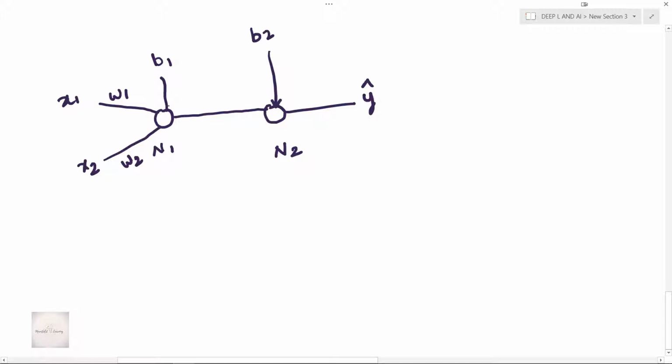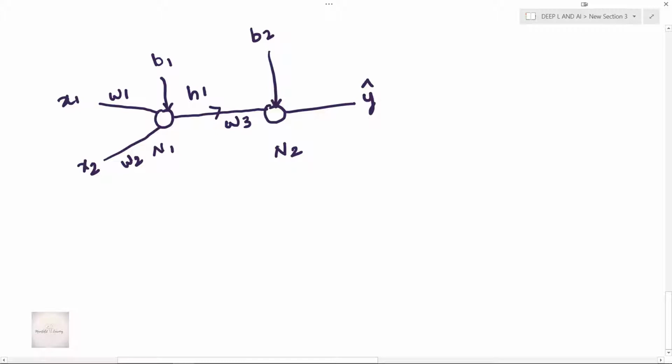Now, the input of the N2 neuron is the output from the first neuron. So I'll call H1 the output from the first neuron, and let's say W3 is the weight with respect to the input received from N1. So W3 is the weight and H1 is the input for the N2 neuron.